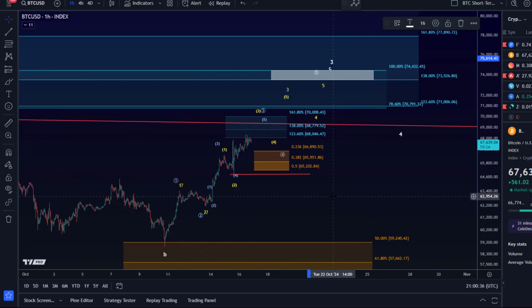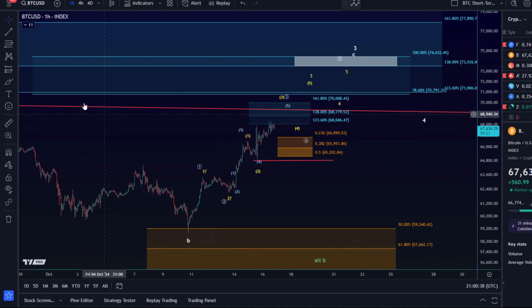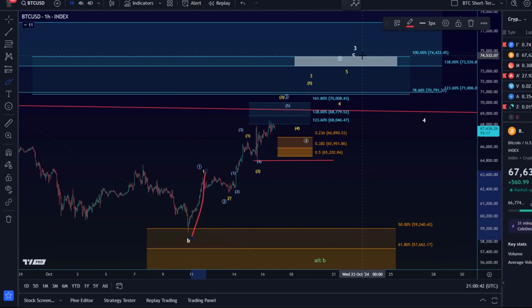There are a couple of ways this could be unfolding. The blue scenario shows wave 1 complete of wave C, and bear in mind a C wave is a 5-wave pattern, so we want to see all 5 waves completed. Chances are you might not see that very well, so I show you with a red line here. So we have wave 1 complete. This topped on the 11th of October around 63,300.